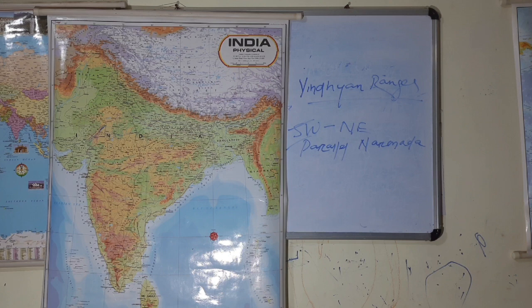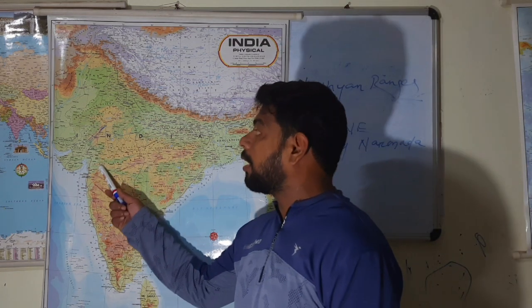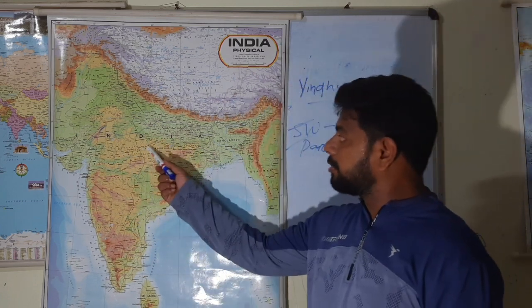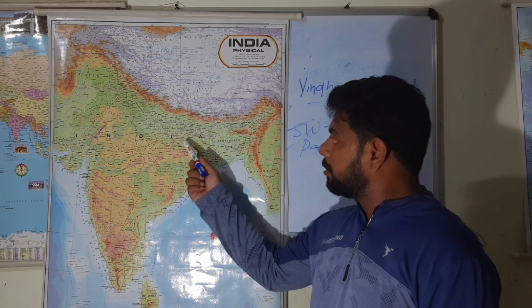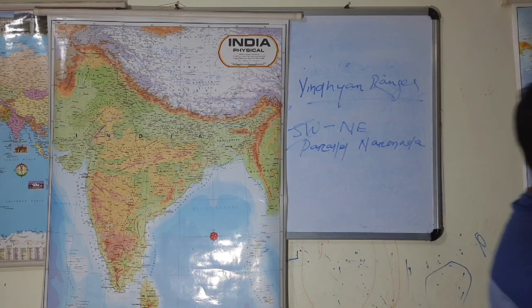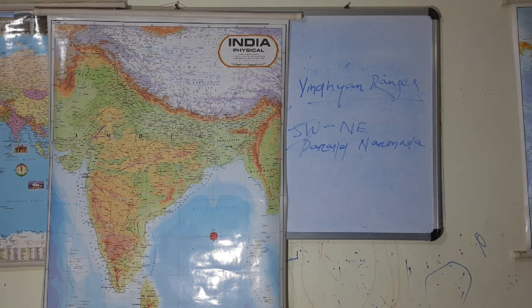Fine. And it extends from which state? It extends from Gujarat, then Madhya Pradesh. In fact, it extends up to certain parts of Chhattisgarh, Jharkhand and Bihar. So the Vindhyan range is a discontinuous range.